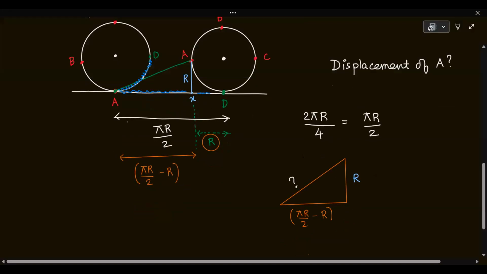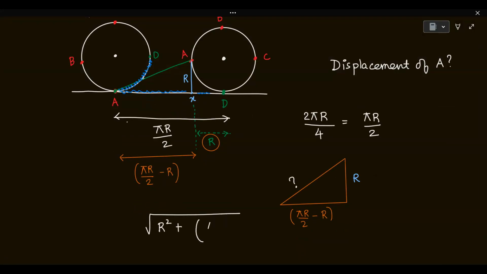Under root of r square plus (pi r by 2 minus r) whole square. Any part you did not understand, I'll explain one more time. Please ask. Please let me know if you have any doubt.